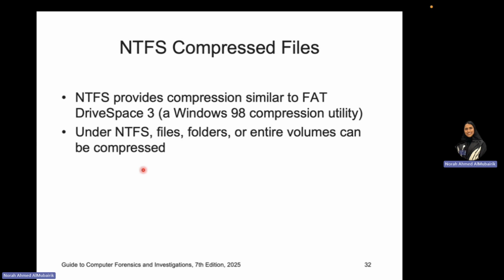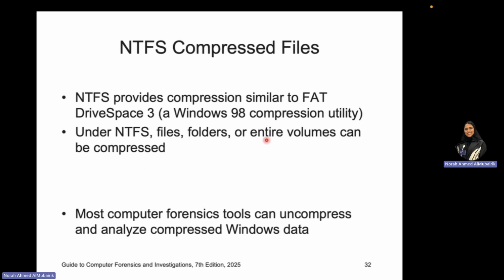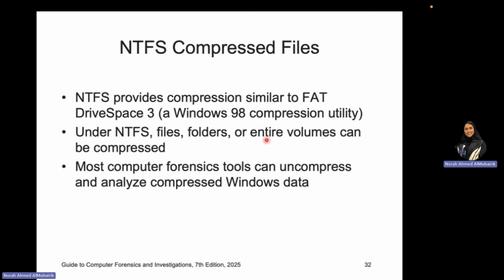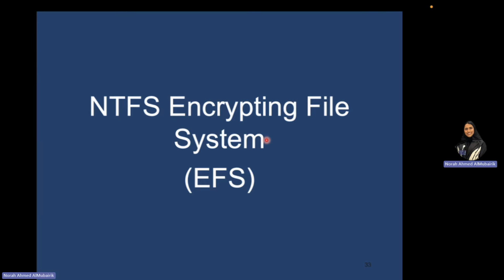Under NTFS, files, folders, or entire volumes can be compressed. Most computer forensics tools can uncompress and analyze compressed Windows data. Why? Because handling a large amount of data usually requires compression and uncompression to facilitate data transfer and handling.